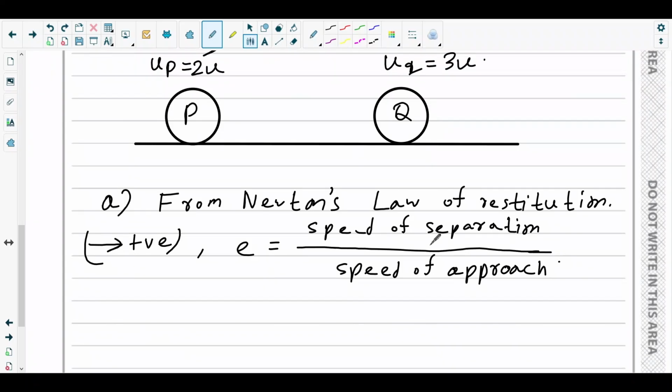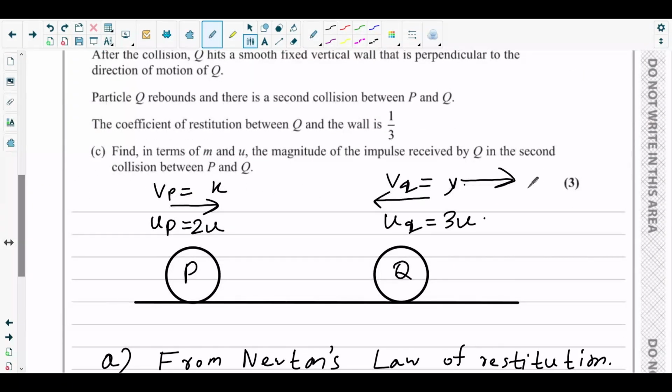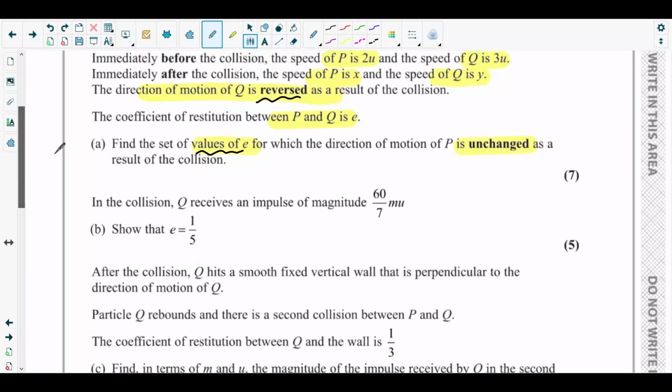At first consider the speed of separation. After the collision, particle Q is moving along this positive direction, but we don't know in which direction particle P will be moving after the collision, because the question didn't mention anything about the direction of x. But the question in part A said that the motion of P should remain unchanged.